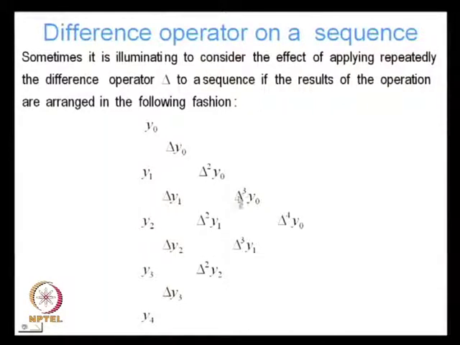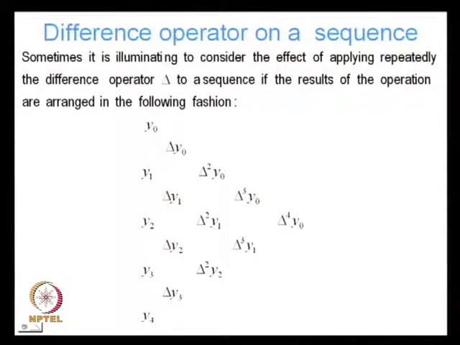Similarly, if we operate 3 times, del 3 y0 is going to be del 2 y1 minus del 2 y0, del 3 y1 is del 2 y2 minus del 2 y1, and del 4 y0 is del 3 y1 minus del 3 y0. So, we arrange this, the repeated action of the difference operator on the sequence, in this fashion.